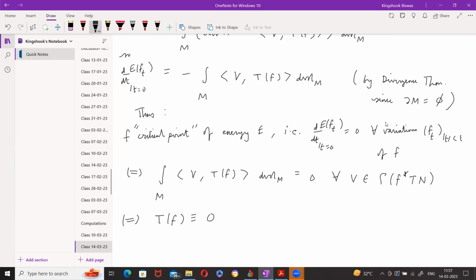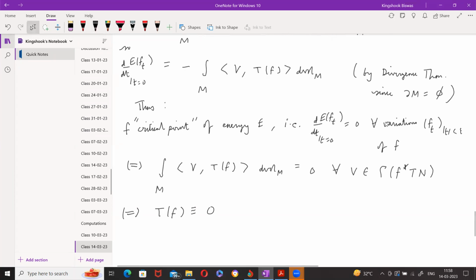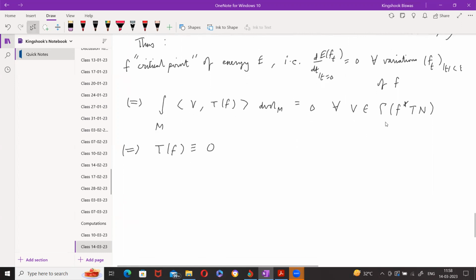By analogy with the case of closed curves and functions, we saw that those were critical points of the energy if and only if the curve was a geodesic or the function was a harmonic function.